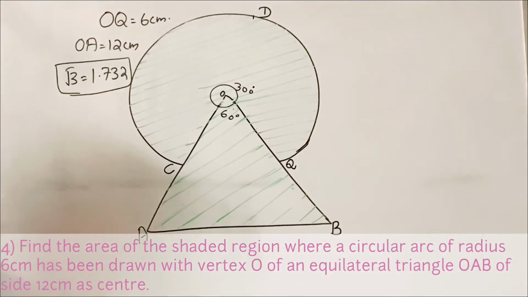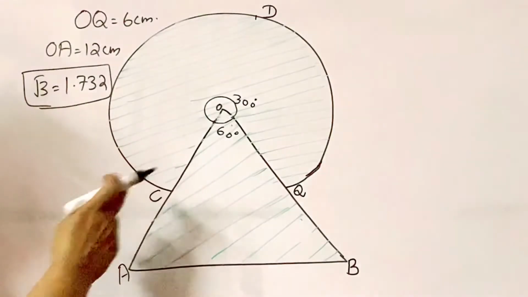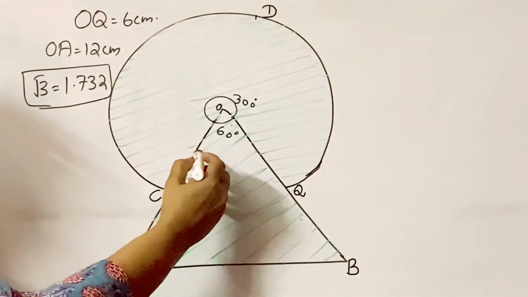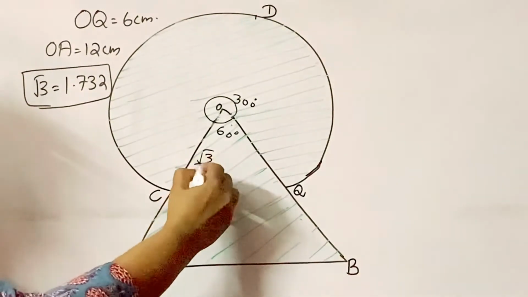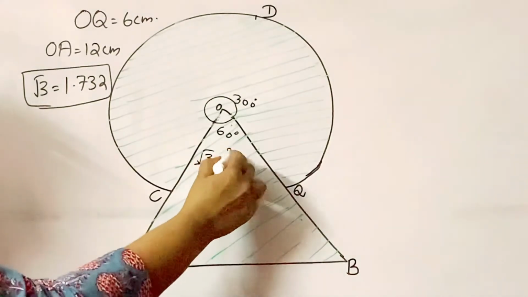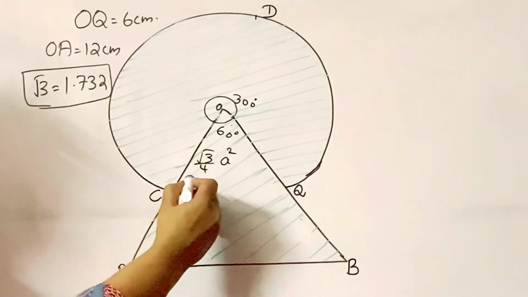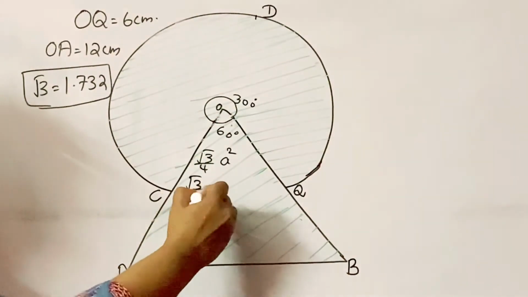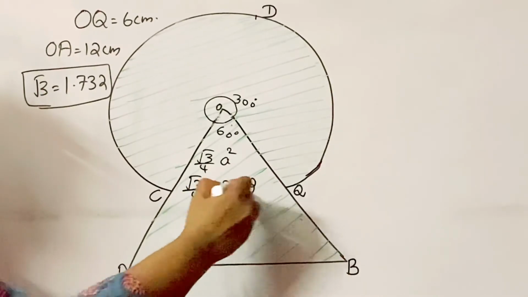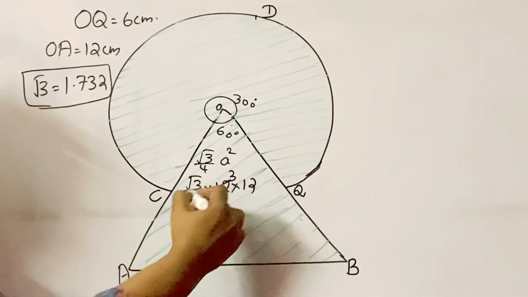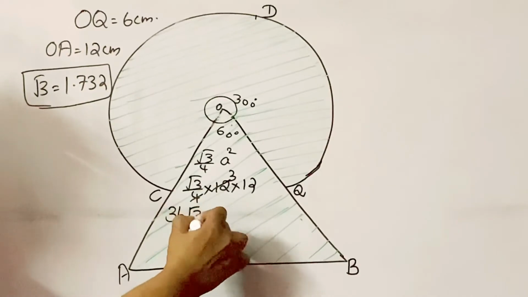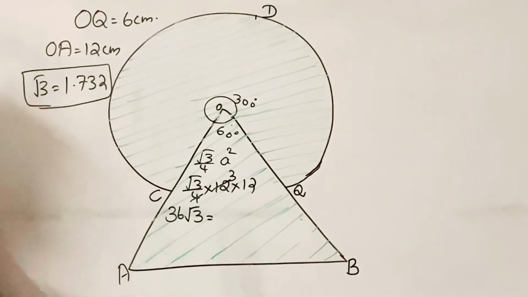Find the areas. Look here, area of the triangle is root 3 by 4 a square. It is the area of the equilateral triangle, that is root 3 by 4 into a, which is 12, 12 into 12. That is 36 root 3. Root 3 is 1.732.